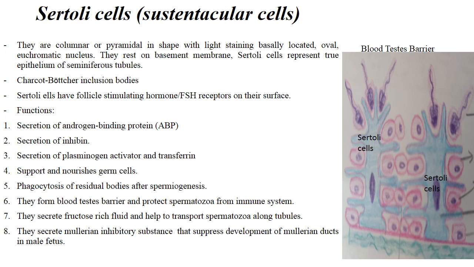Then they secrete fructose-rich fluid, which helps in transport of spermatozoa along the tubules. So these are the main functions of the Sertoli cells. We have seen earlier that the Sertoli cells also secrete Mullerian inhibitory substance that will suppress development of the Mullerian duct in the male fetus.